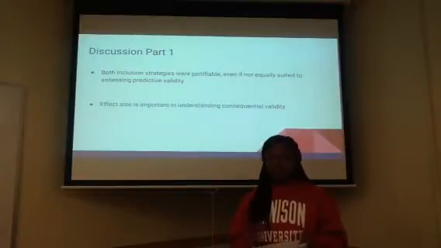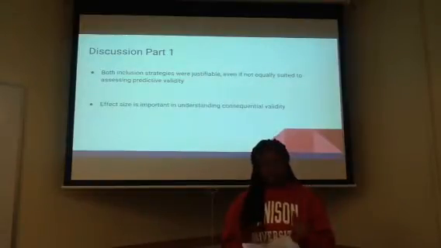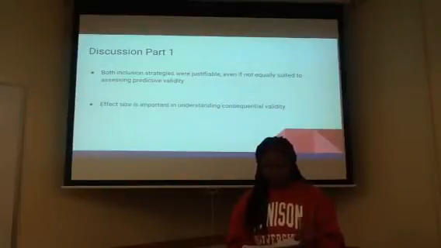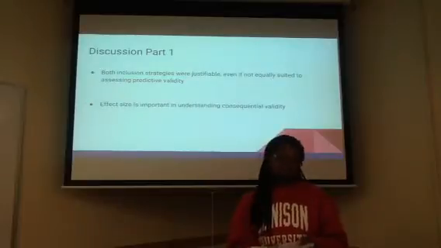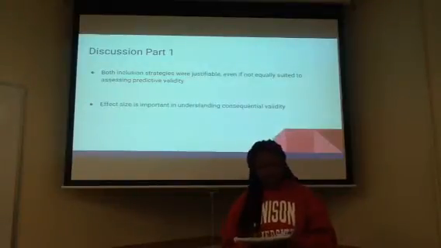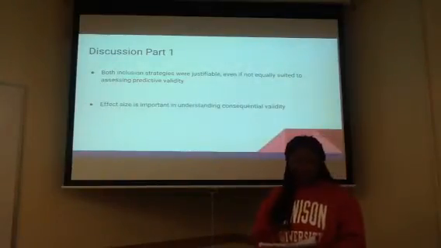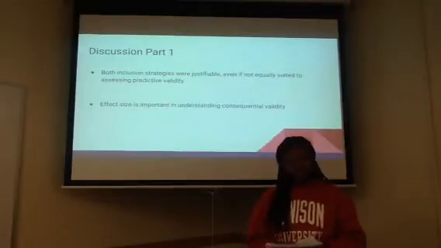And they also talked about how GPUB's strategy was still reasonable, and it fits well with well-known methodological strategies of assessing discriminant validity. And also they noted that effect size was important in understanding consequential validity.